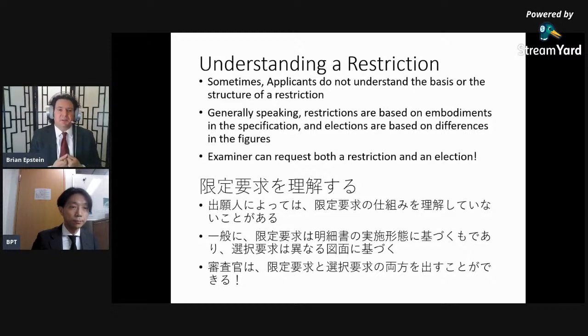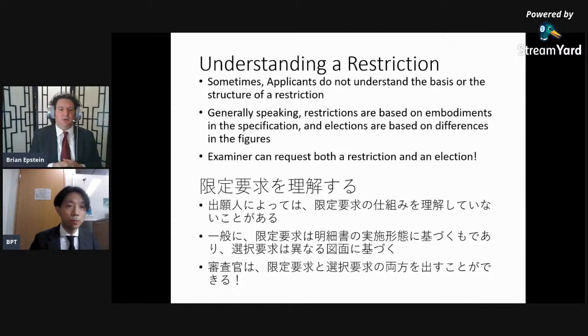Certainly there are other possibilities. It doesn't have to say, first embodiment or second embodiment. It could say, like circuit board and then computer, something like that, where it describes a combination and a subcombination. Elections, on the other hand, are based on differences in the figures.